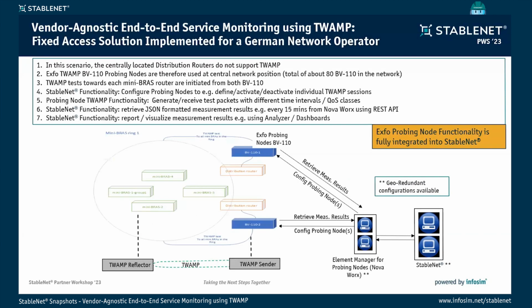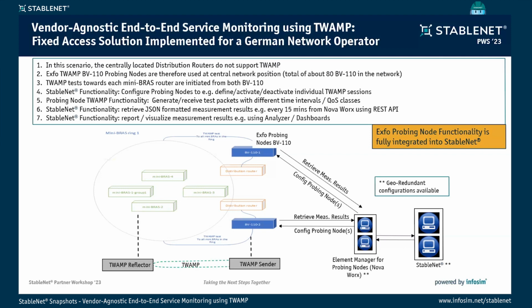Let's come to the final slide here, the final example slide. This is a fixed access solution that we have implemented for a large German network operator. And basically, once again, at the central site, we are using X4 probing nodes, this time BV110, because the distribution router you can see in the figure does not support TWAMP.